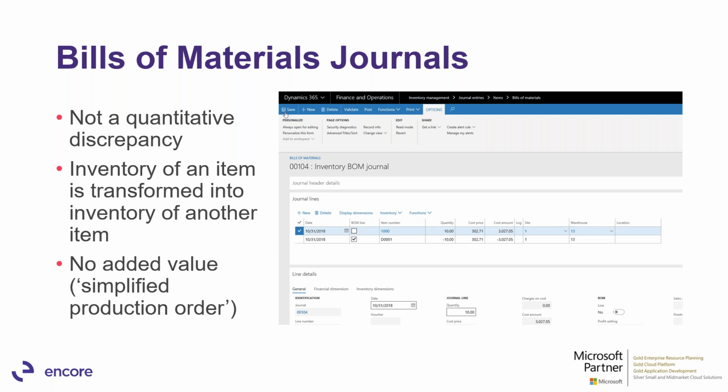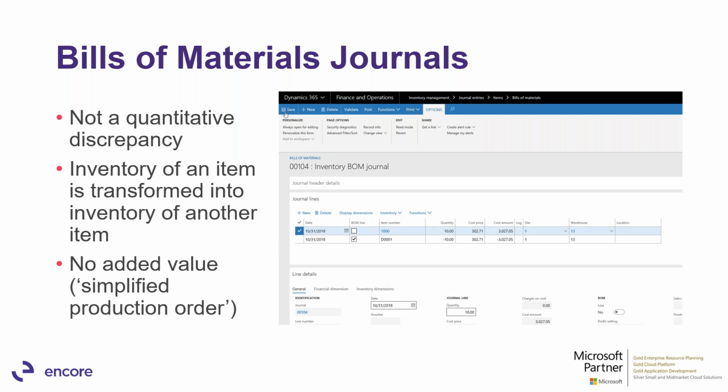As such, it does not strictly fall under the quantity adjustment options in the system, but is definitely useful for eliminating unnecessary inventory adjustments. And that's why I like to talk about it as an inventory adjustment option.